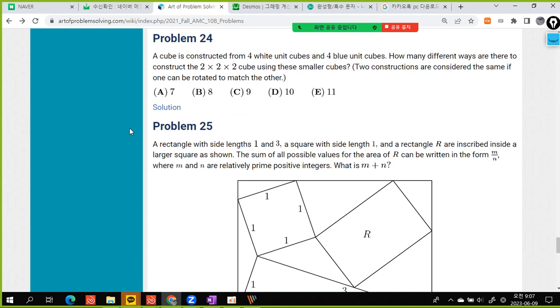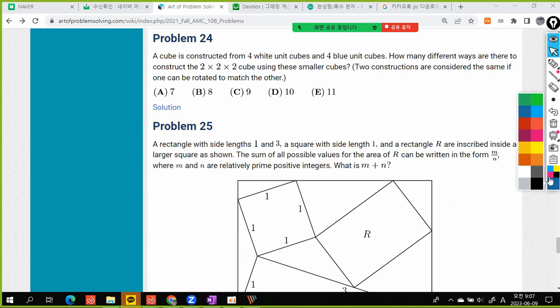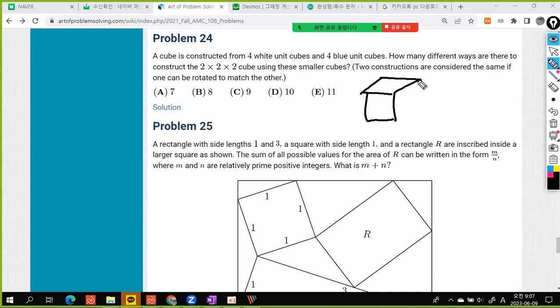And number 24, let me try to show you. So the first possibility is that the bottom layer is made of all white cubes, and the top layer is made of all blue cubes.